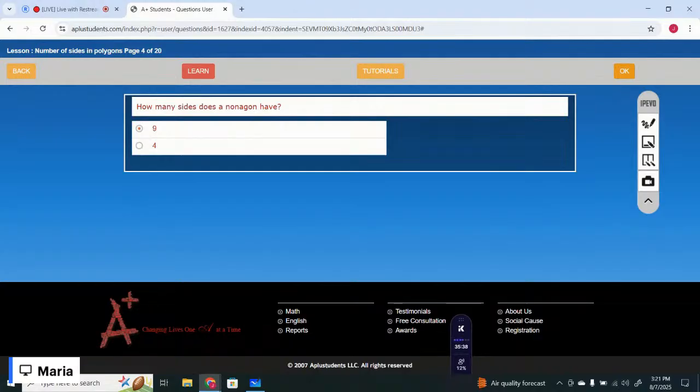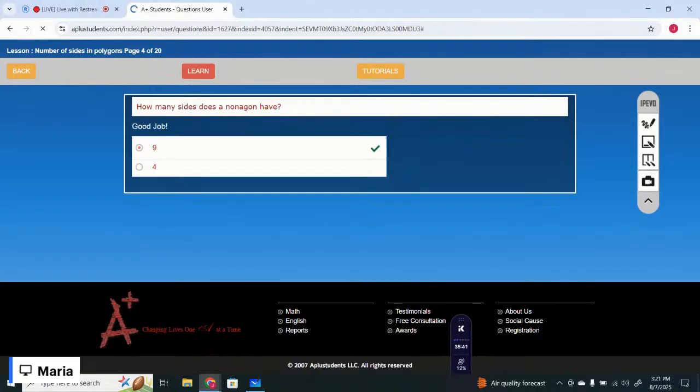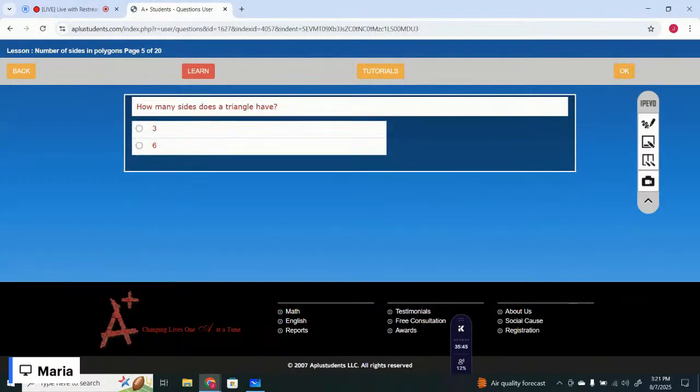Option number one is the correct option. How many sides does a triangle have?